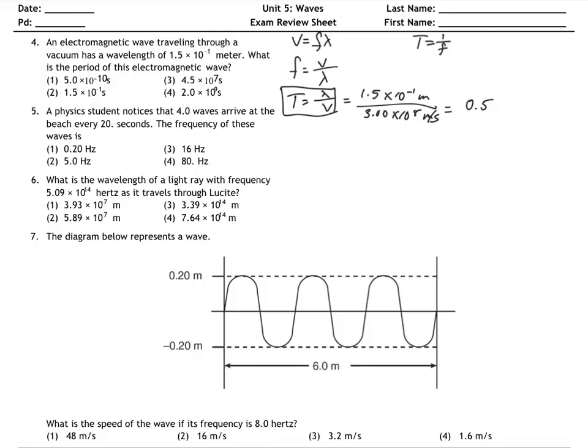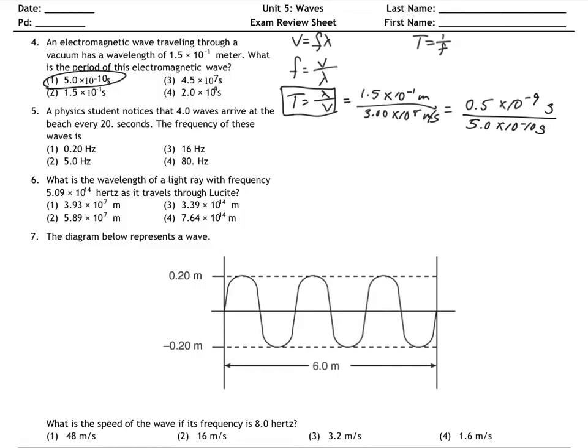So I know that it's going to be 0.5 times 10 to the something, but it's going to be negative 1 minus 8. So what is that? Negative 1 minus 8, I believe that's negative 9, so 10 to the negative 9. And the unit for this is going to be seconds. So let's see if we can find an answer like that. So 0.5 by 10 to the negative 9 is not standard scientific notation. It's actually 5.0 by 10 to the negative 10 seconds, and that is also the reason why I'm choosing choice 1.